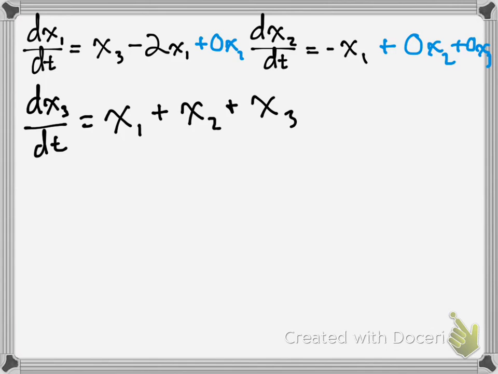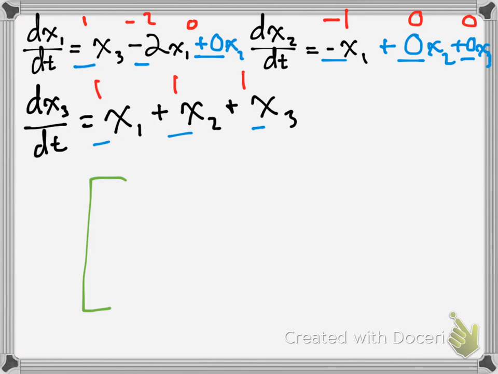So we're going to utilize the coefficients here. So this would be 1, -2, 0, 0, -1, 0, and 0, and this is 1, 1, 1. So now to convert it into matrix form, just do x1, x2, x3.